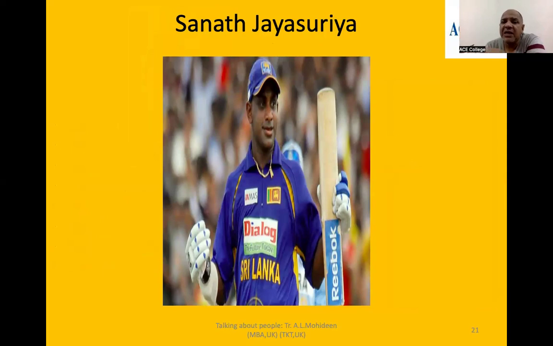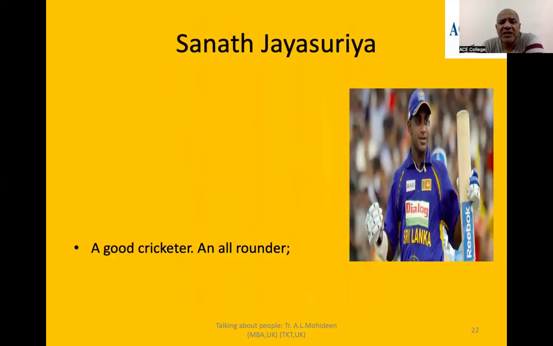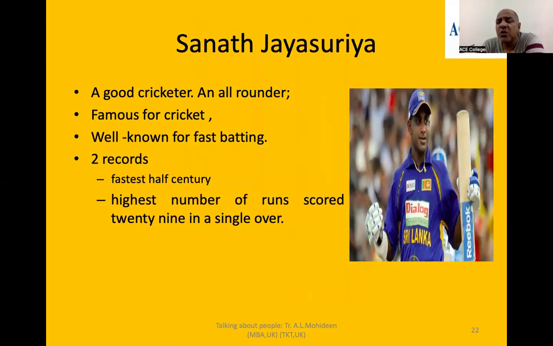So now the middle line, we have seen the group of people we have already observed. These are in the middle line. We can see two cricketers. One is Sanath Jayasuriya, another one is Muttiah Muralitharan. So what are the points you can talk about Sanath Jayasuriya? Now you can see here, this is the information, what to say.